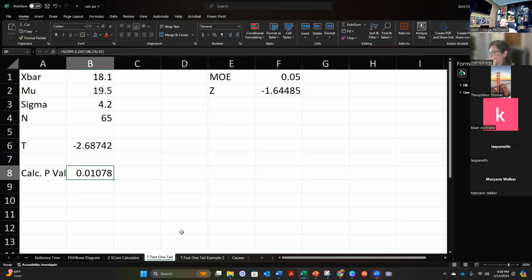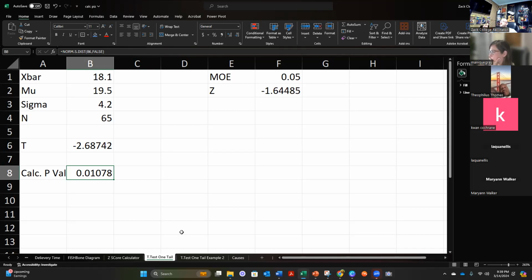During the one-tail test, we learned about the T-test and how to input that into Excel. The T-test, again, is used to compare two data sets' means, right? And we're trying to judge, is there a statistical difference in the data?